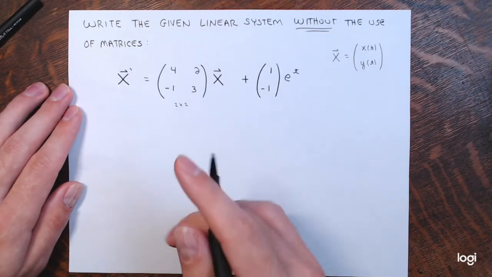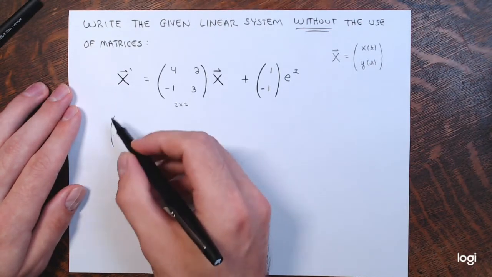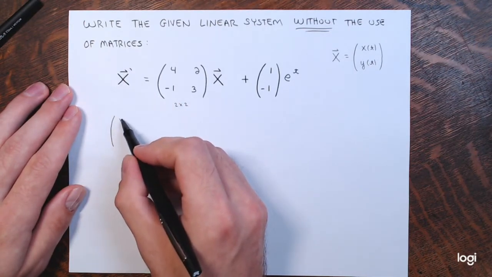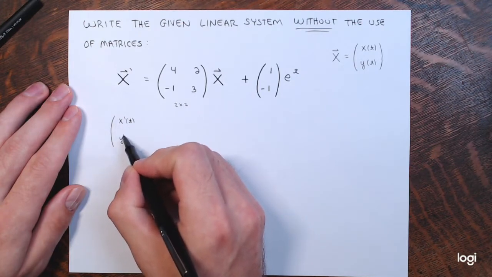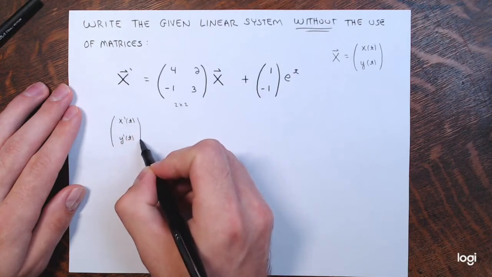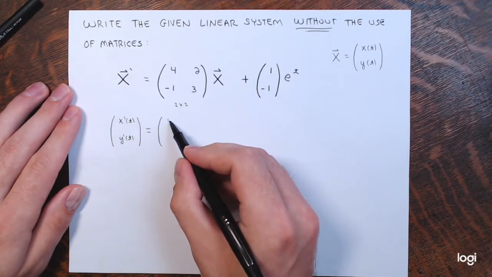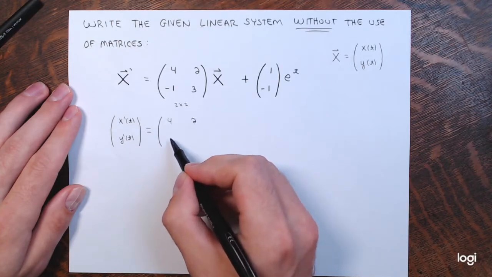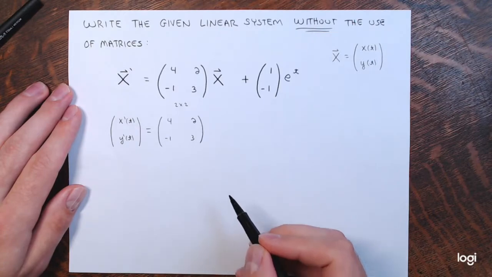All right, so let me fill all this stuff in. x prime, this vector, would be just x prime of t, y prime of t, equals. Now, I'm still in the matrix form. We'll get out of it in a second. I just wanted to refresh your memory as to how to do matrix multiplication.